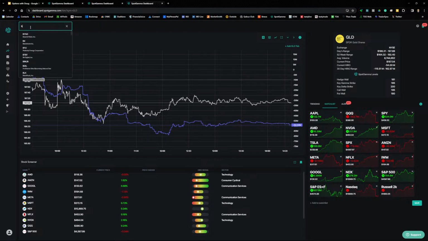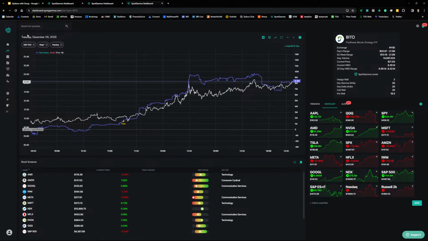Let's check the B. All right, so there's the Bitcoin strategy ETF. So I can take a look at that. Moving higher, traders taking positive delta positions.